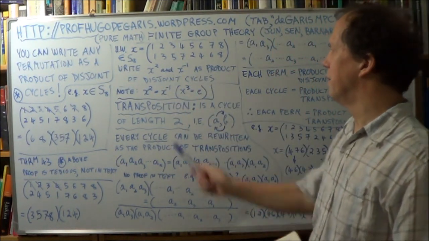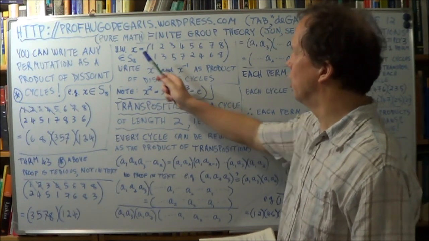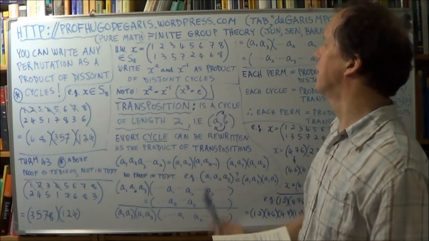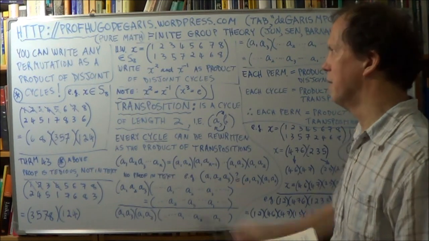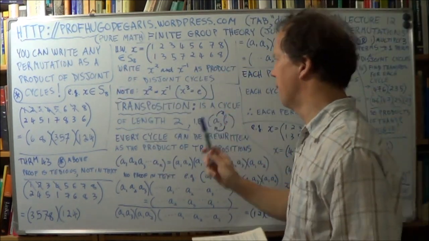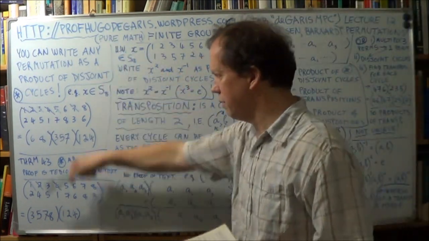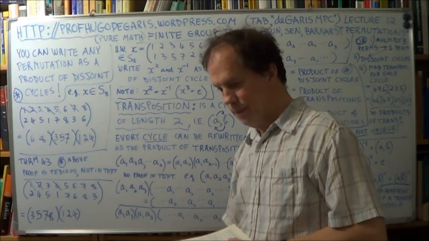The reason is that the order of this element is 3. That's just a little note, not terribly essential. So that more or less completes our talk on cycles.